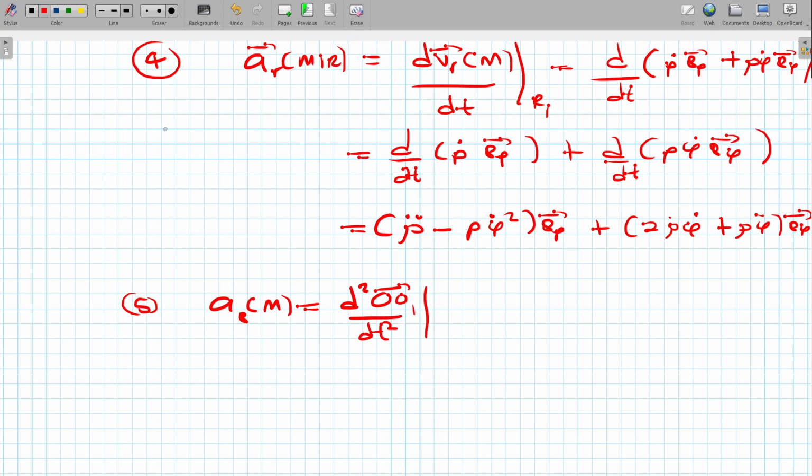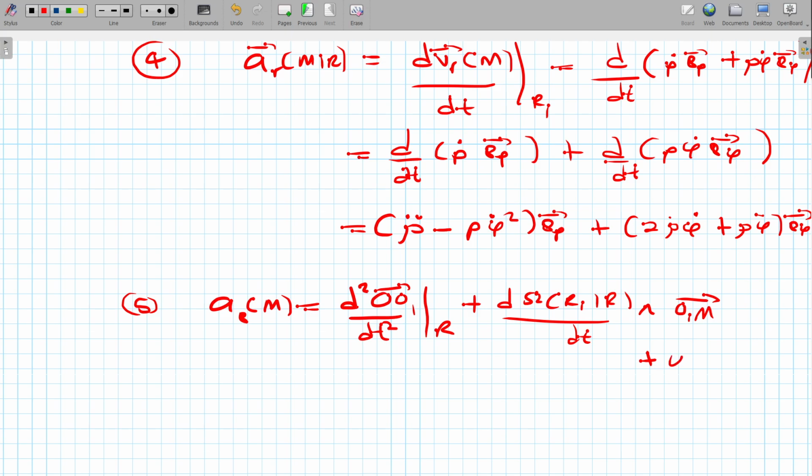Okay, so like so, and then plus again d omega. Now normally what we write here is big omega of R1 with respect to R, and then dt, and then vectorial. So this formula is a bit long, so it's just something that you must try to remember.